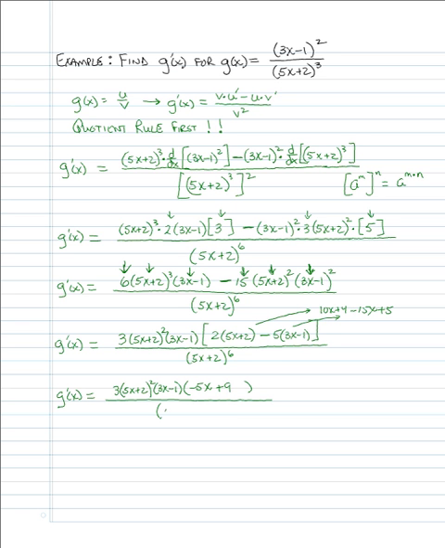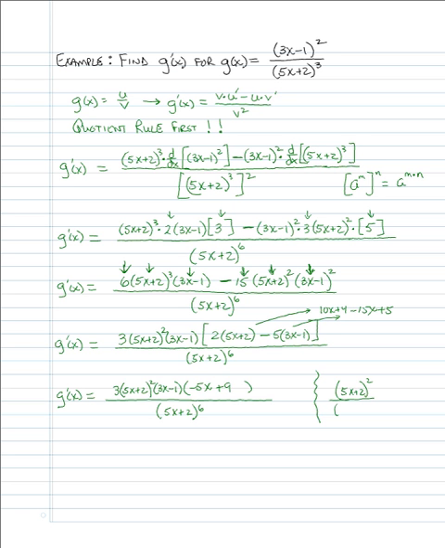And in the denominator, I have a 5x plus 2 to the sixth power. So I have the numerator completely factored and the denominator completely factored. So I look for places that I can cancel. And I'm zeroing in on this idea. On top, I have 5x plus 2 to the second power.